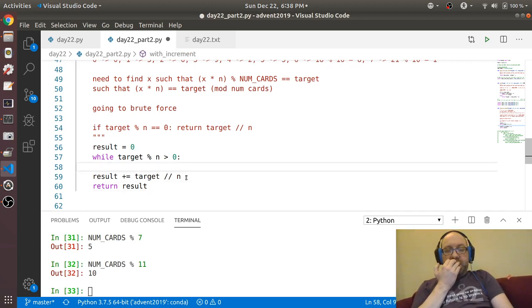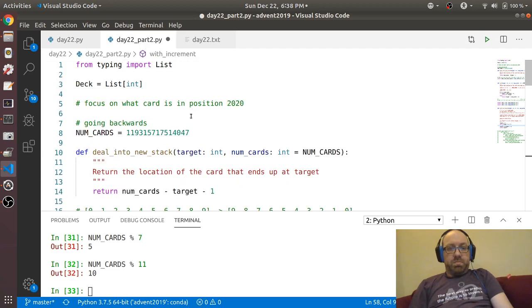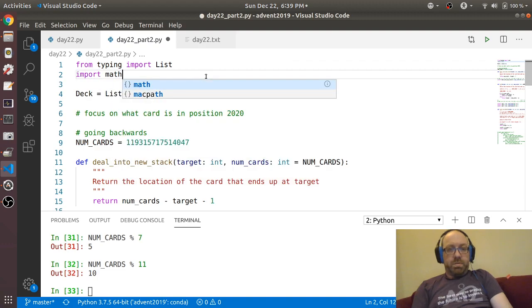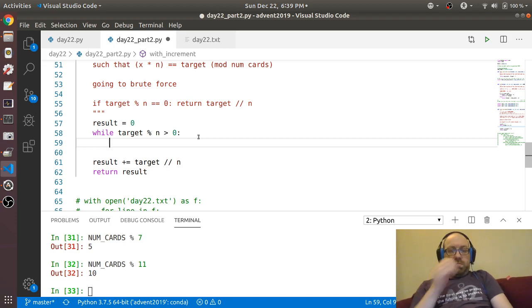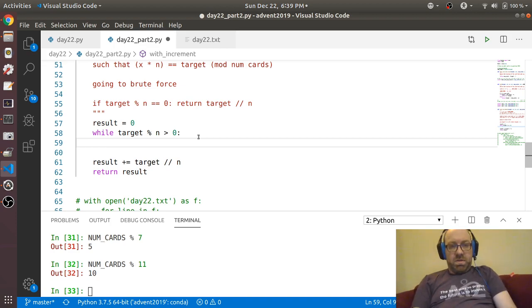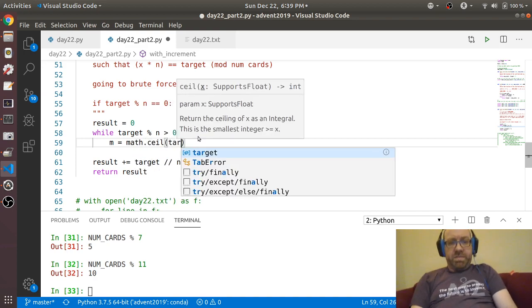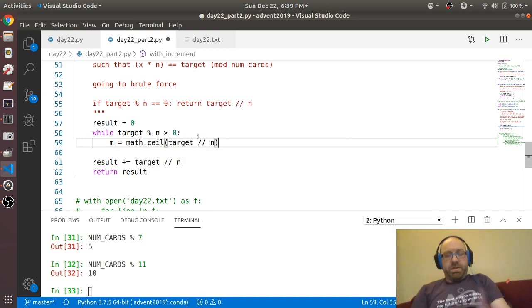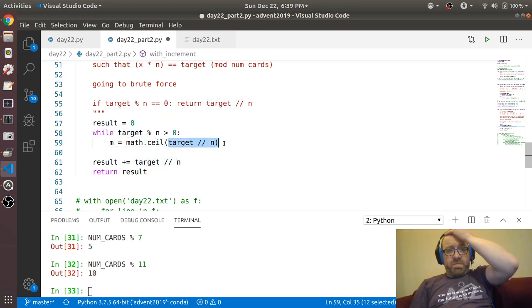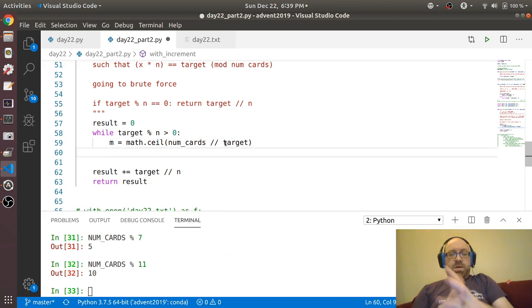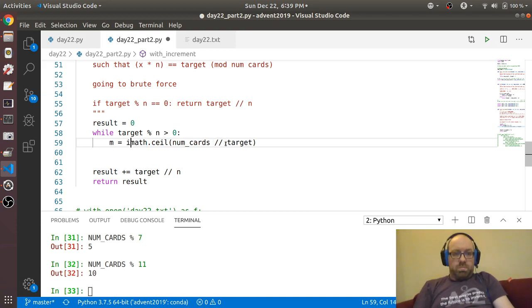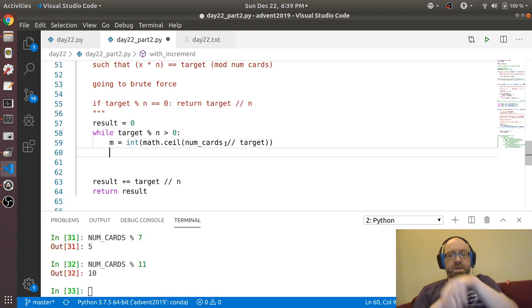Well, target mod n is, let's import math. Let's say m equals math dot ceiling of num cards divided by target. And so I say, how many of these can I take out?